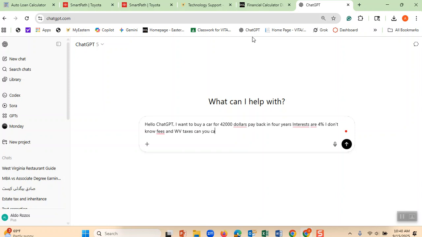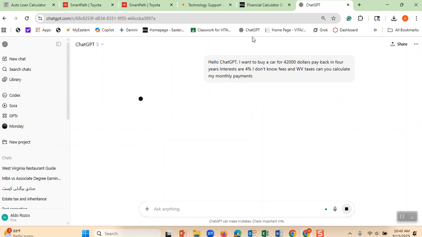Can you calculate my monthly payment? It can suddenly go and calculate your monthly payment, the same thing that the calculator did.